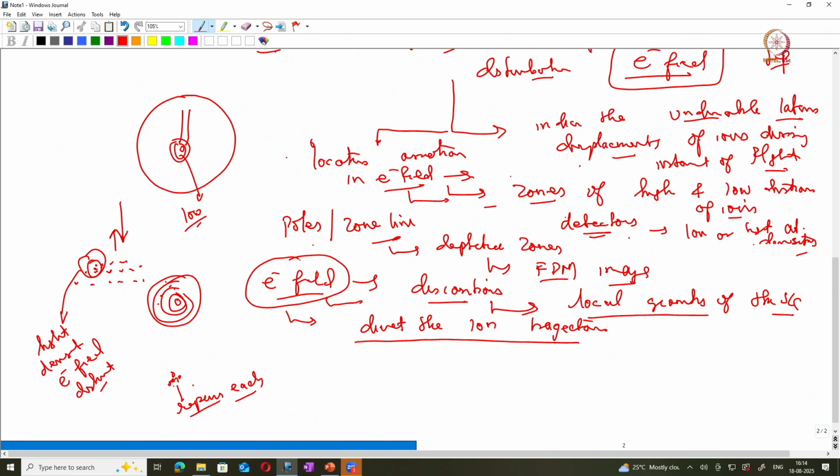Okay, in the last class, or in the few, two or three classes before, I gave you an example where, if there is a change in curvature on the tip surface, usually in FDM these atoms, when they get ionized, their flight path will not be a straight path, will not be along the field lines. This flight path will be diverted.